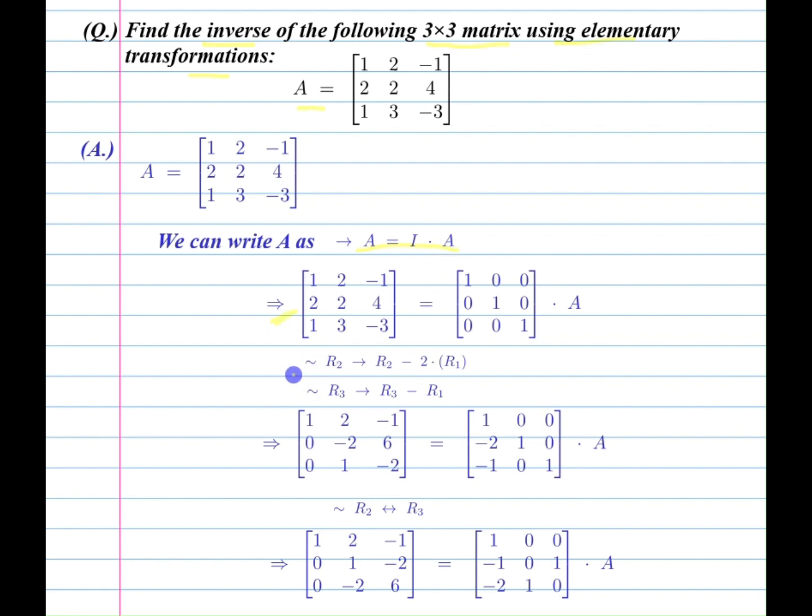Now applying row transformation on R2 as R2 minus 2R1 and R3 as R3 minus R1, we get this. Now interchanging R2 and R3, we get this.